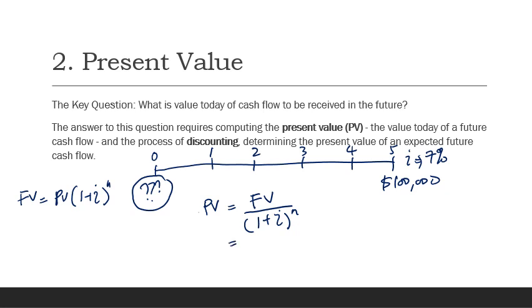So here, we want to achieve a future value of 100,000, divided by 1.07 to the power of 5. So you can calculate it using a calculator.